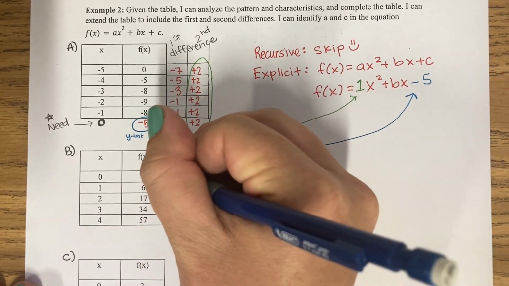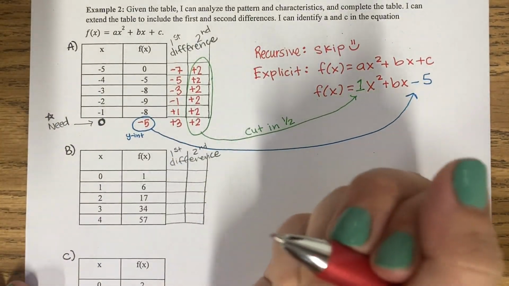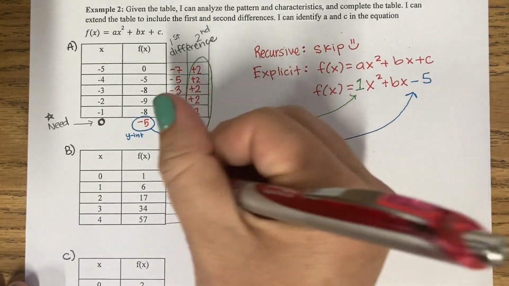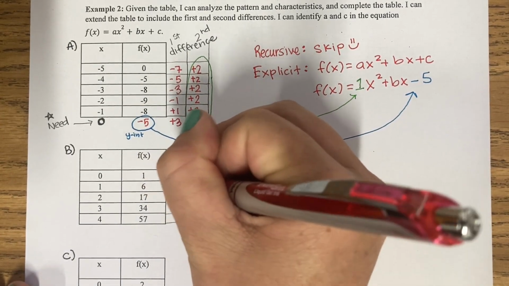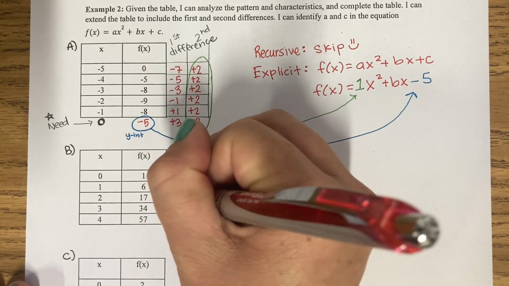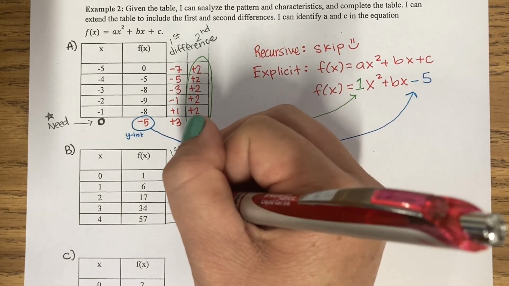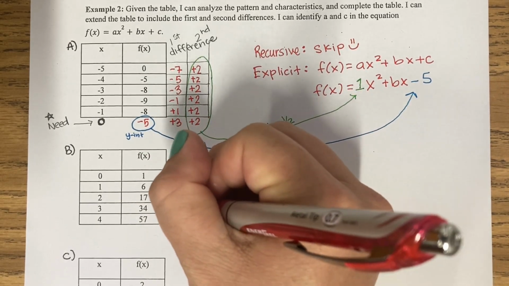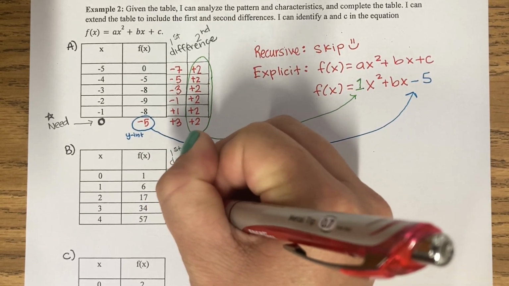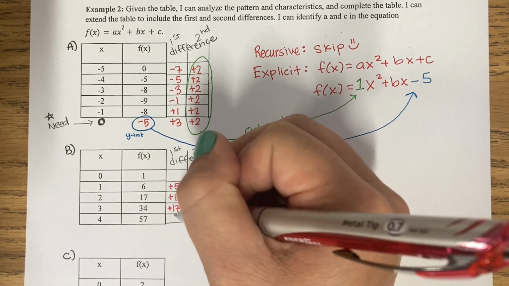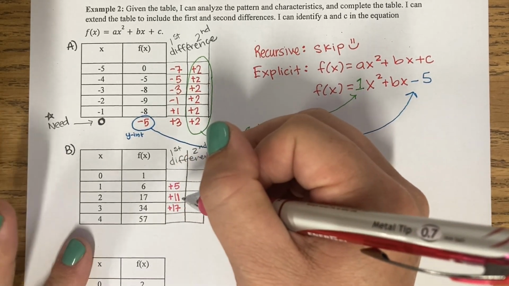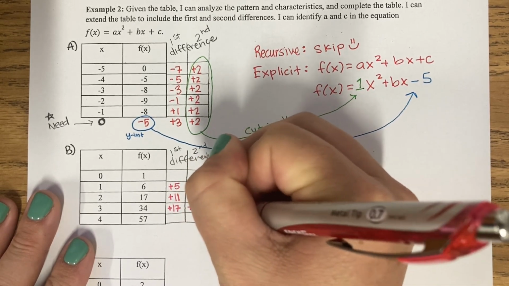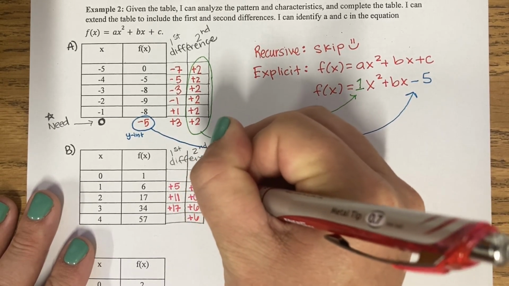Okay. 1 plus 5 is 6. 6 plus 11 is 17. 17 plus 17 is 34. Okay, so 5, 6, 7, 8, 9, 10, 11. That's adding 6, adding 6, adding 6 each time.